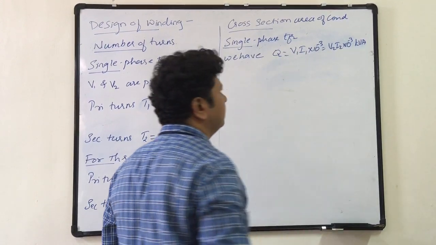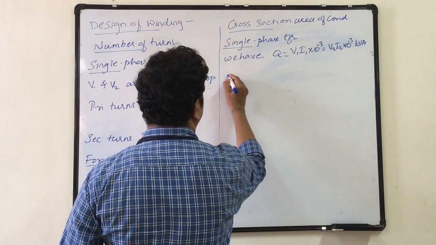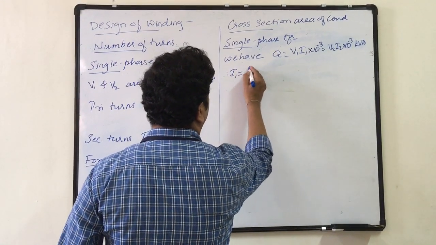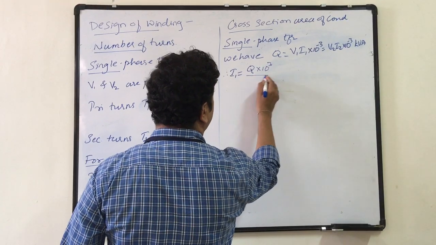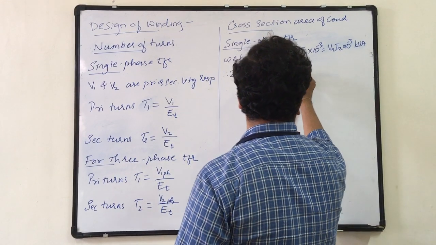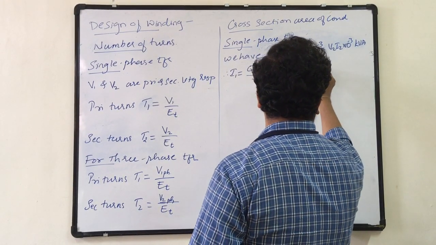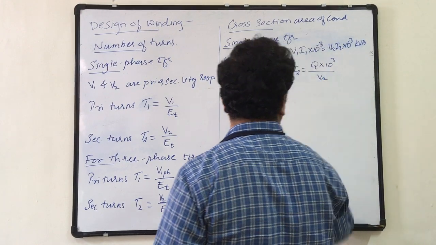That is the transformer rating in kilovolt amperes. Therefore, I1 is equal to Q into 10 to the power 3 divided by V1, and I2 is equal to Q into 10 to the power 3 divided by V2.